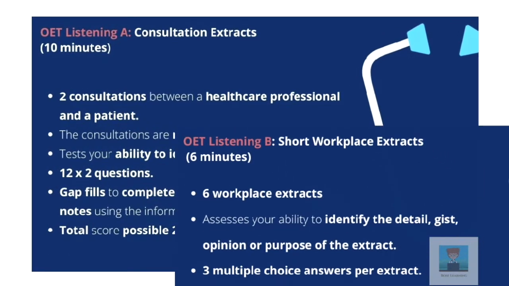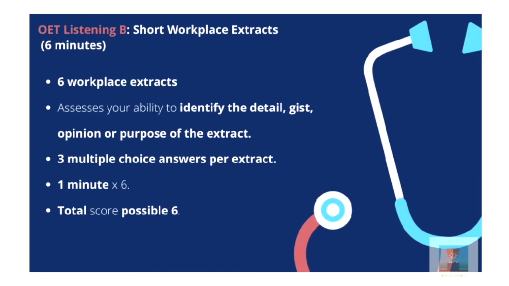Part B are short workplace extracts. So whereas before you heard a healthcare professional and a patient, this time you will only hear healthcare professionals talking together. This time you'll hear 6 workplace extracts. It could be, for example, a team briefing, a handover session, or a professional discussion between colleagues.